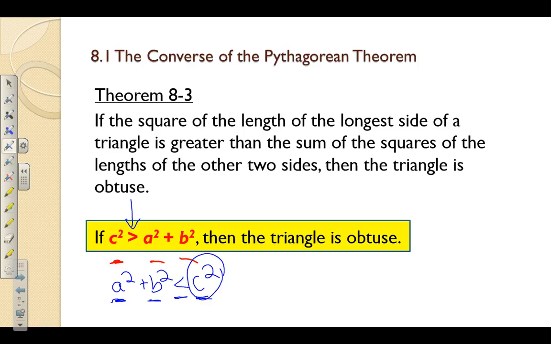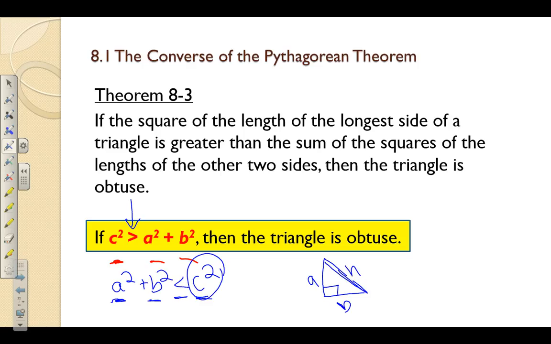The way I like to think about it, and maybe I should do it with an example, is when I have an a squared and b squared, it's as if I've got a right triangle, and there's this hypotenuse that goes with it. I'll call it h for hypotenuse.